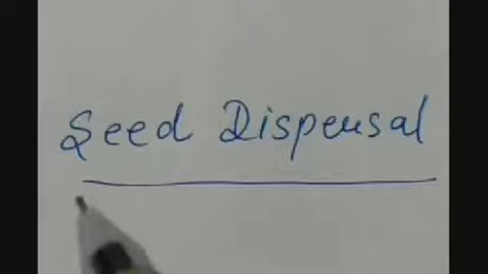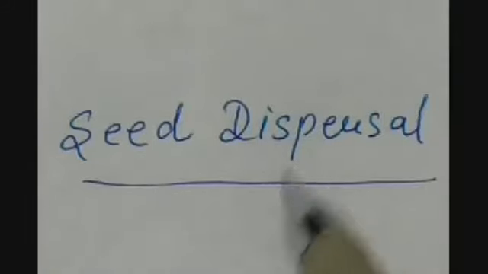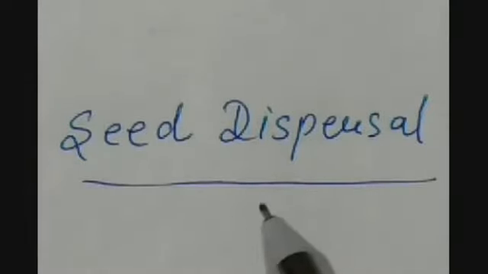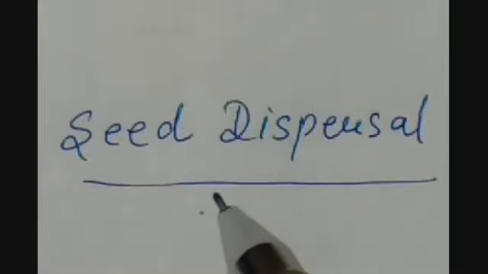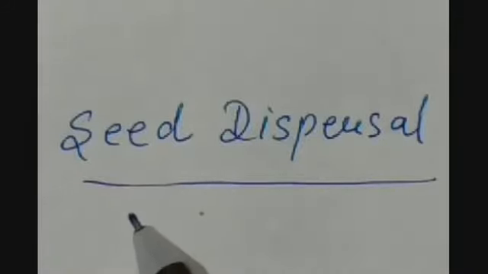Now, the next step that we have is seed dispersal and seed germination. So, what do we mean by seed dispersal? It means that the seeds and the fruits produced by the plant are likely to fall under the mother plant only. If all the seeds start germinating right there under the plant, there will be an overcrowding of the seedlings, and a deficiency of the sunlight falling on the seedlings.